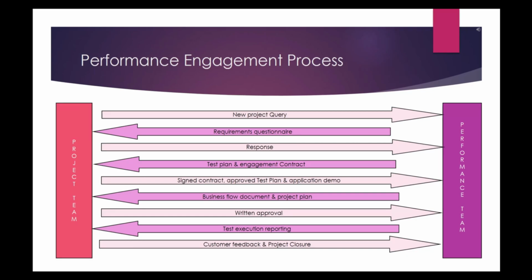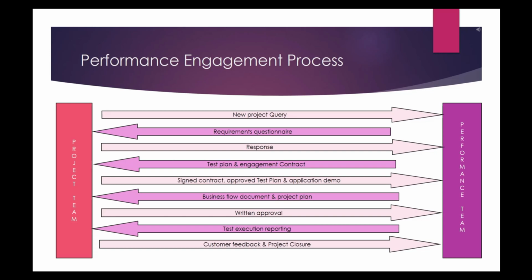As you can see on the screen, it shows the graphical representation of the performance engagement process. New project query, response to the requirement questionnaire, signing the contract, approving the test plan, providing the application demo, providing written approval on the business flow document, and providing feedback on the closure report are the tasks of the project team.